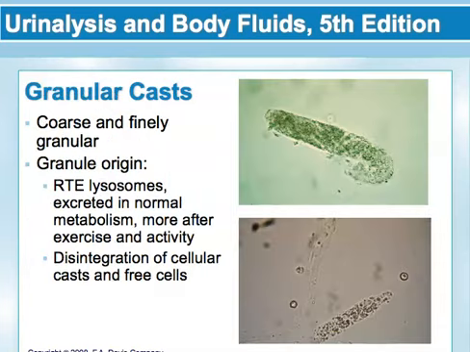Granular casts can be either finely or coarsely granular, but it is not necessary to distinguish between them. These casts can also be present in pathologic or non-pathologic conditions. In non-pathologic conditions, the granules originate from the lysosomes, which are organelles that contain digestive enzymes that are excreted from the renal tubular epithelial cells during normal metabolism.